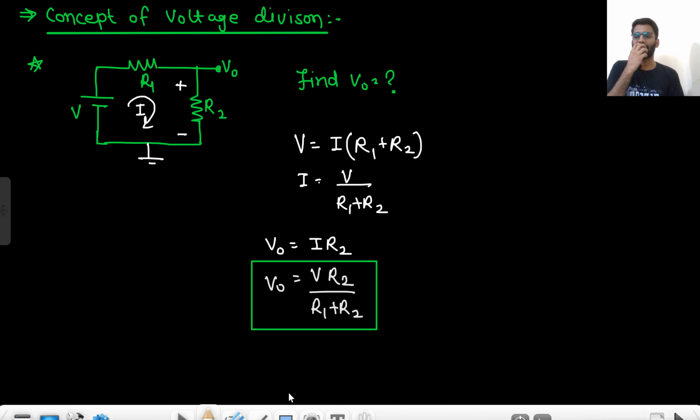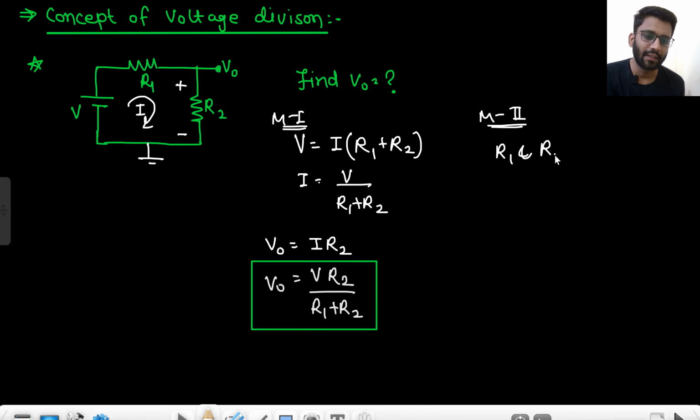Now, look, this is method 1. Now we will see method 2. R1 and R2 are in series, right? If R1 and R2 are in series, that means both have the same current, right?